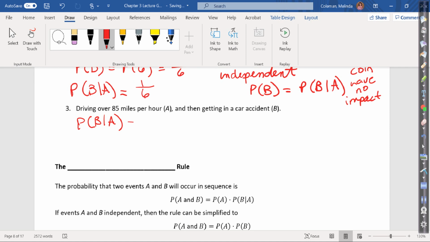But do you think that getting in a car accident depends on your speed? Because that's what this is saying. Does the car accident depend on speed?